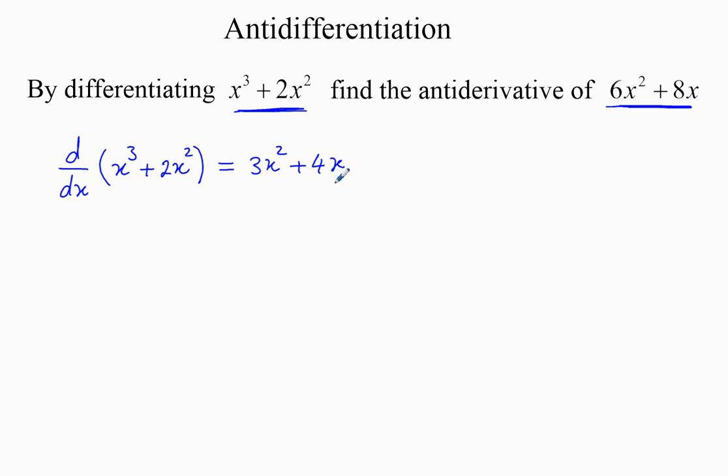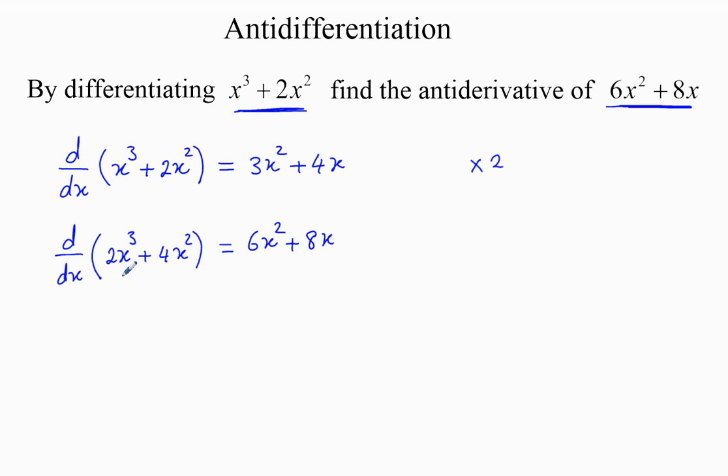How can I get 6x squared plus 8x from this one here? It seems that I need to multiply by 2. So if I multiply by 2 here, I get 6x squared plus 8x, and multiply by 2 on the other side, so the derivative with respect to x of 2x cubed plus 4x squared.